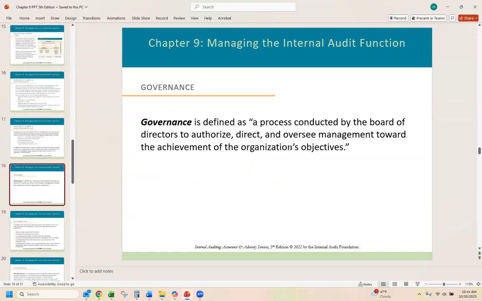All right, governance. We sort of know governance in general means the actions that the board of directors is taking. So they say here a process conducted by the board of directors to authorize, direct, and oversee management towards the achievement of the organization's goals. So right there, board of directors. Governance is the board of directors guiding the company in the direction that they want.